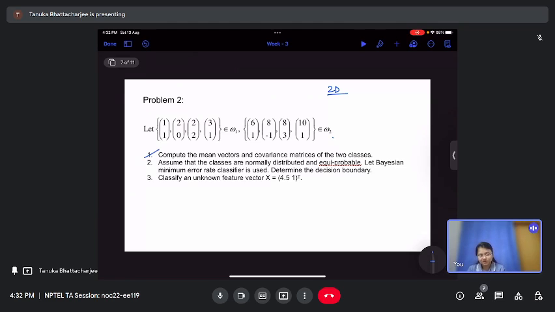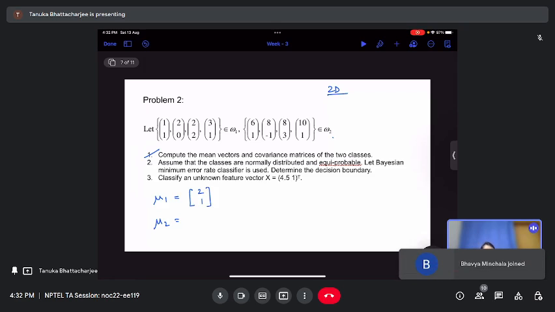This is a simple one. First let us compute the mean vectors. Let the mean vector be mu1 for class omega 1 and mu2 for class omega 2. So for mu1, you can simply take the average of the 4 training samples, that will be the mean vector for that class.